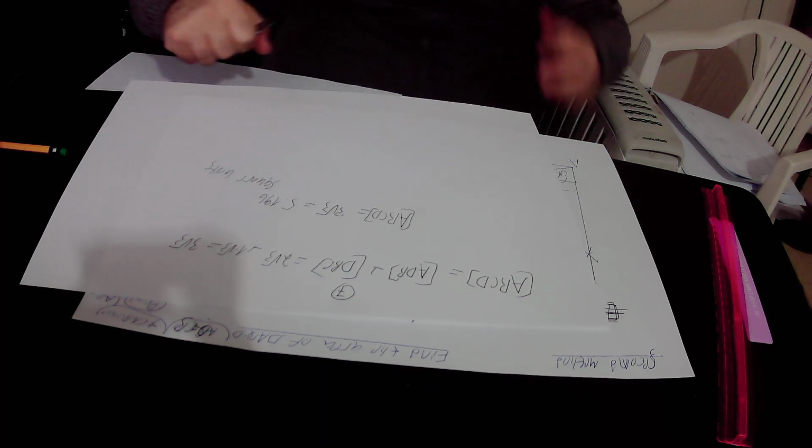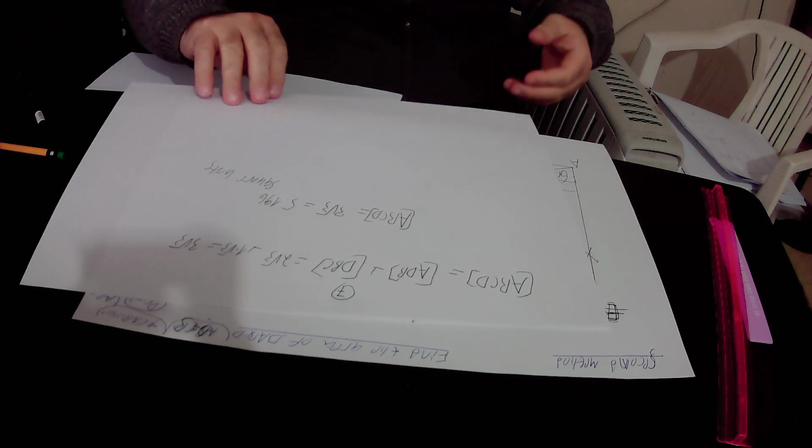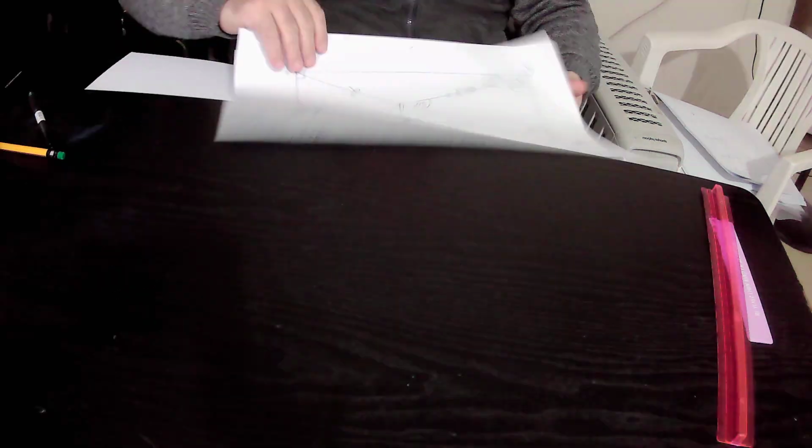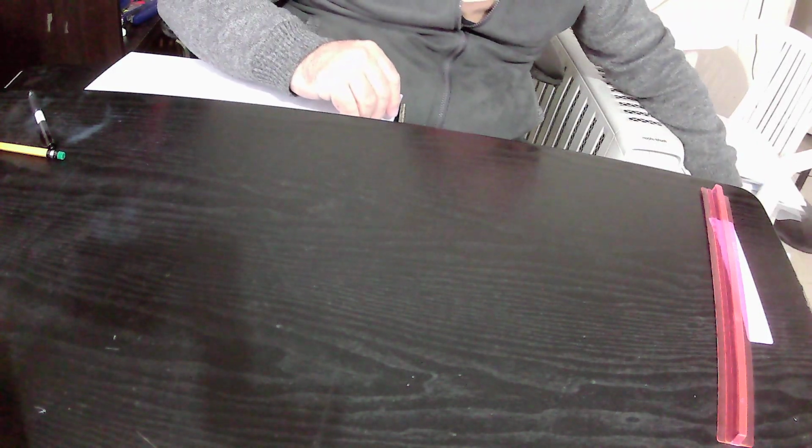So in the next step, we will summarize the lecture. Actually, we found out the area of quadrilateral ABCD in 2 different methods.